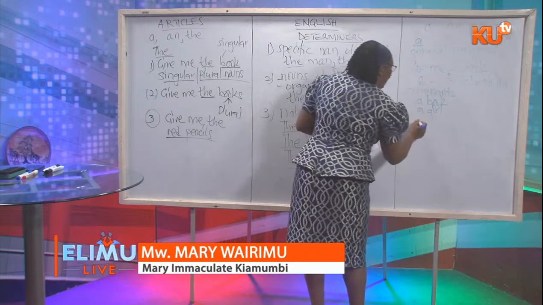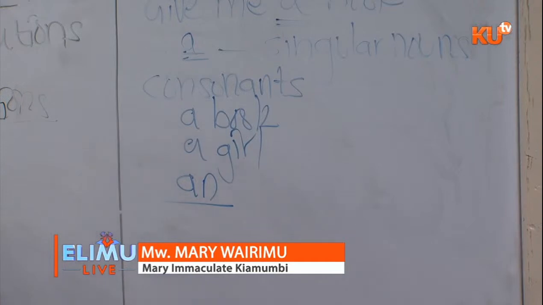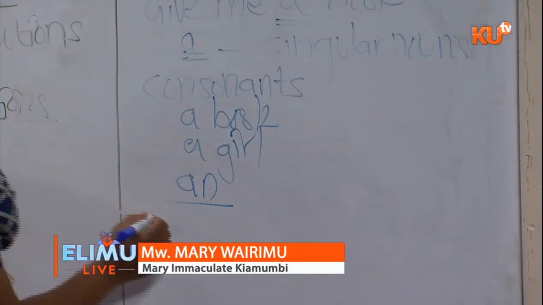Then we move to an. An is another article which is used with general nouns.